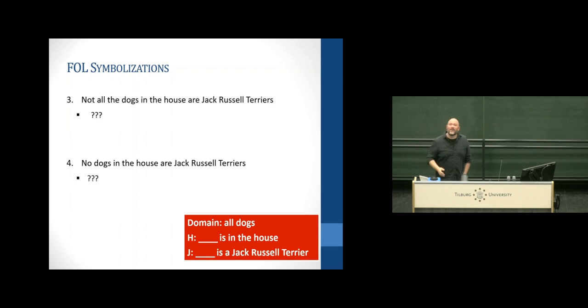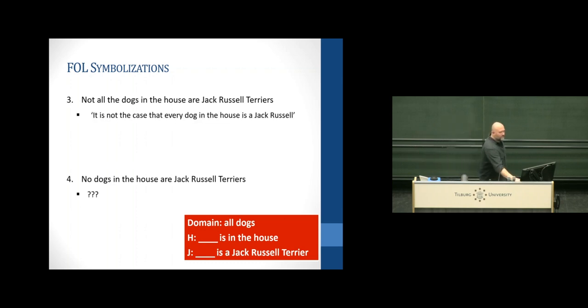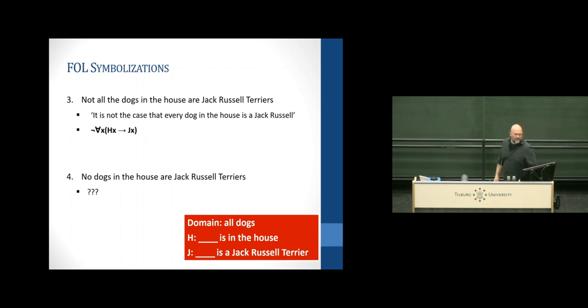It just isn't a Jack Russell. But we can also read it this way. It's not the case that every dog in the house is a Jack Russell. So we could literally just say, cool, negation. Every dog in the house is a Jack Russell. That's one way to do it. Literally just take the every F is G and slap a negation in front. The other way to do it is exactly as your man said.